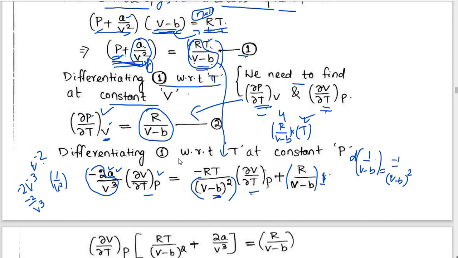But in the first part, the derivative of V with respect to T gives del V by del T at constant P.